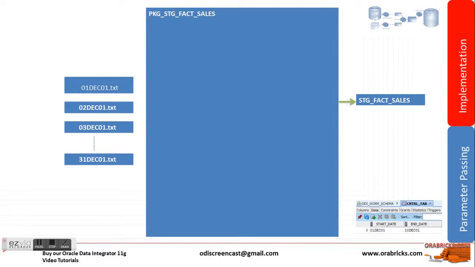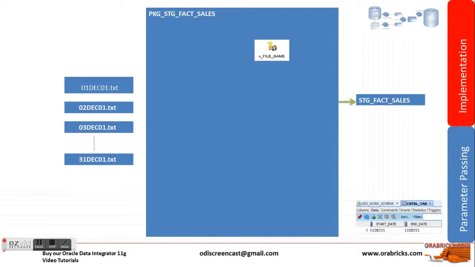In order to do that, we have a control table called CNTRL underscore tab, where we have two columns, the start date column and the end date column. I had given the start date as 01 December 01 and the end date as 10 December 01 initially.